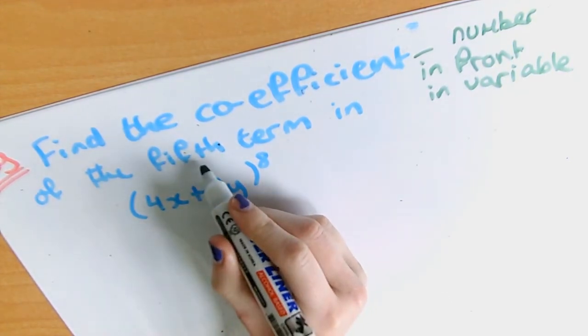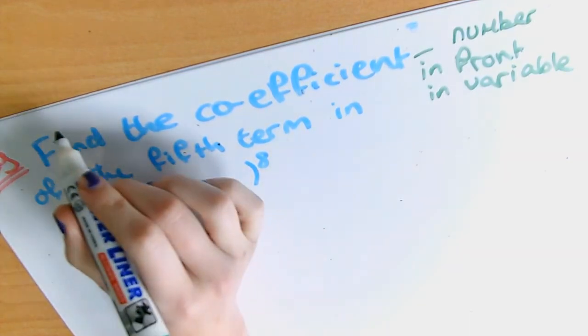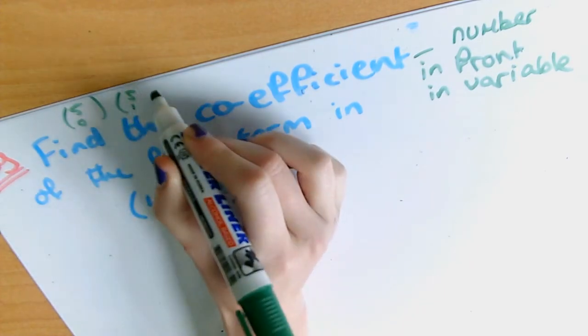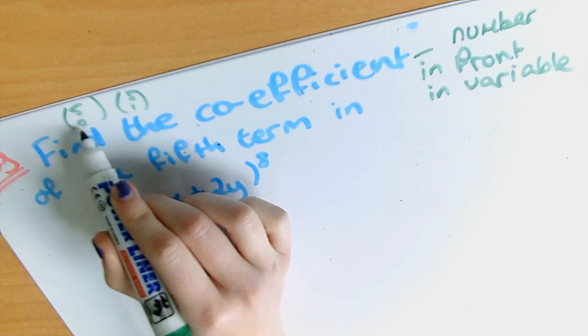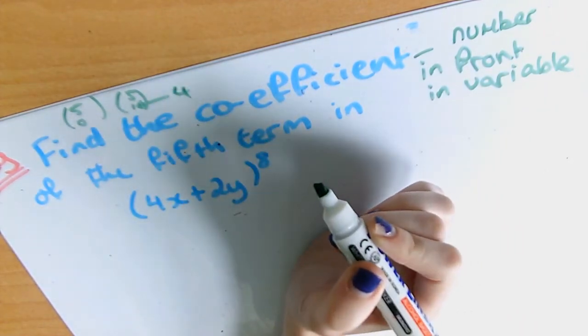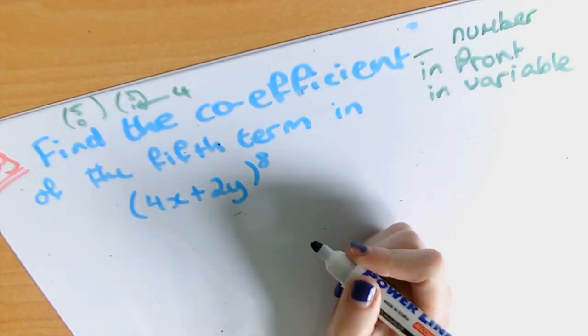It asked me to find the coefficient of the 5th term in this expansion. Now, if it's the 5th term, remember in our first example we always had 5, 0, 5, 1, 5, 2, etc. So if it's going to be the 5th term and we start on 0, what my base is actually going to be is 4. Okay? So in this example, we have 8 as our power.